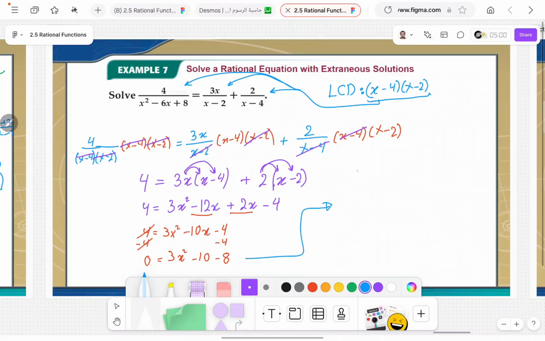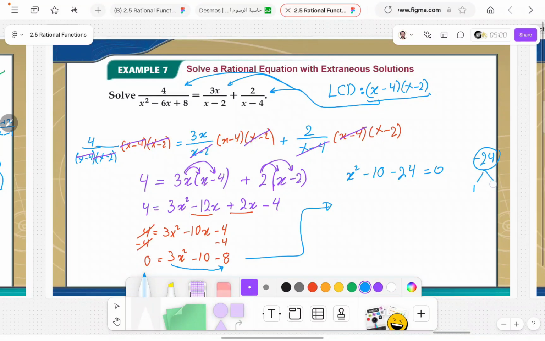Now let's factor this one to find the zeros. To factor it, we need to multiply 3 with negative 8, so x squared minus 10x, 3 times negative 8, negative 24, equals 0. Now the next step is to find the factors of negative 24 that can be added to get negative 10.